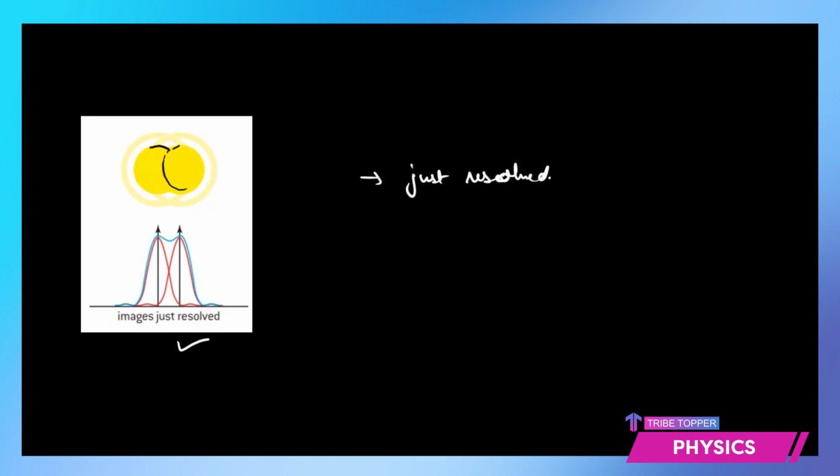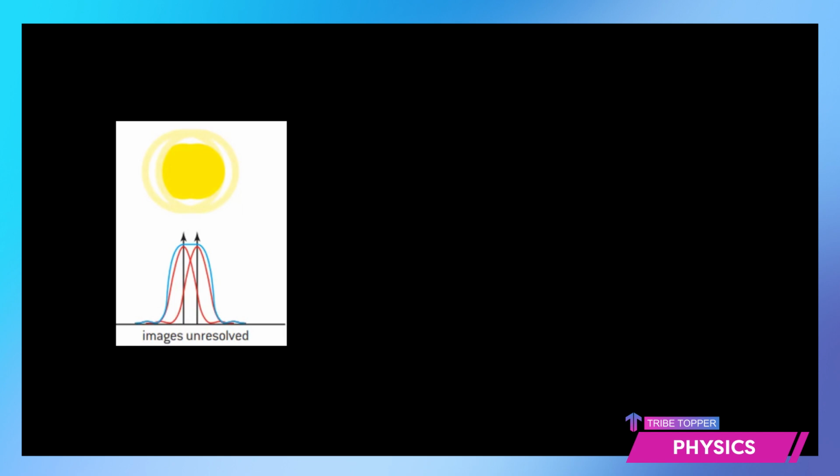And if we talk of this figure, these are absolutely unresolved images, because the two principal maxima of the two sources are almost coinciding, one on top of the other. So in this case, the Rayleigh criterion is absolutely not satisfied, and so the images are unresolved.